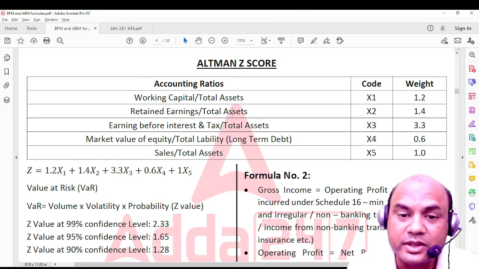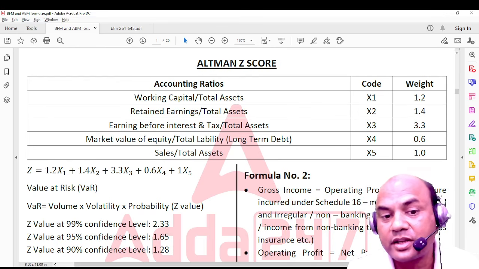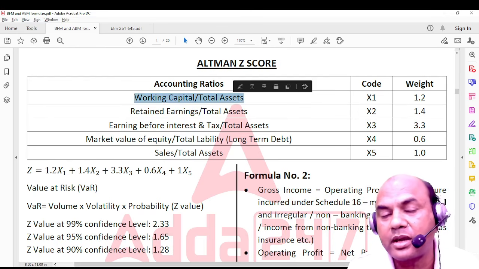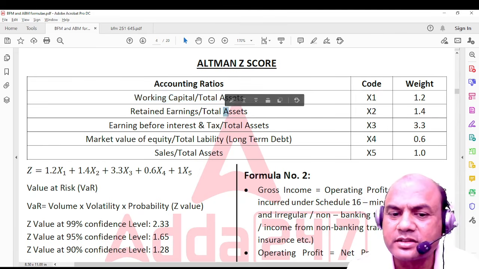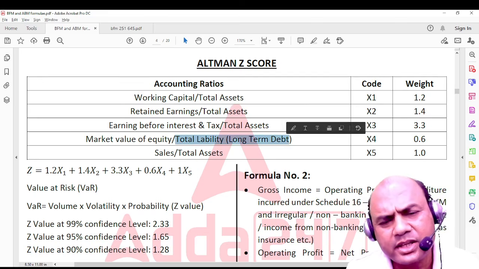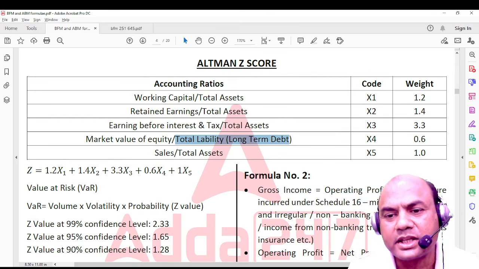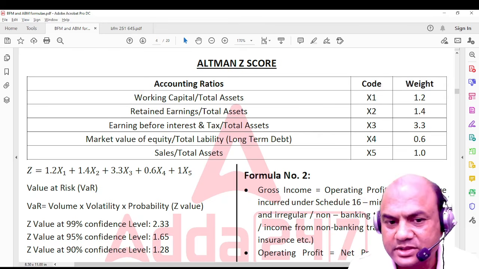What is X1? It is working capital upon total assets. Remember this ratio. Everything has total assets as the denominator except X4. X1 is working capital upon total assets.